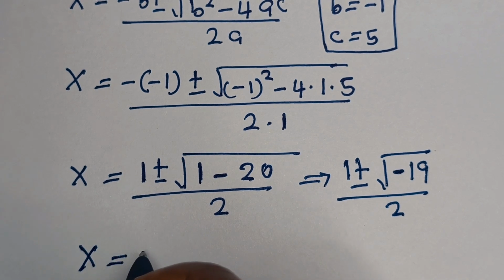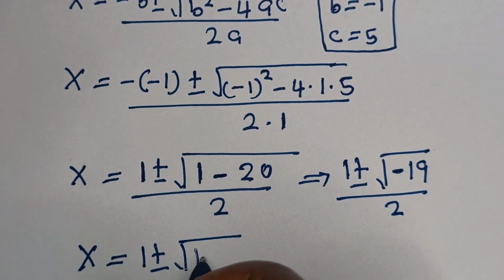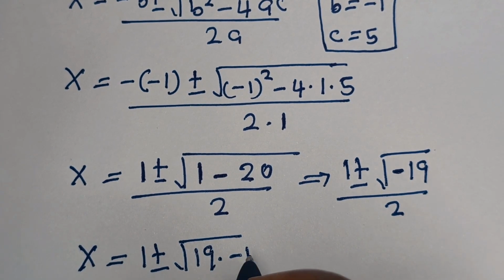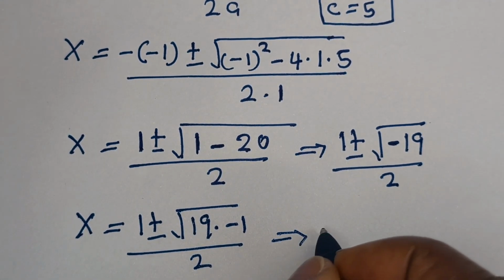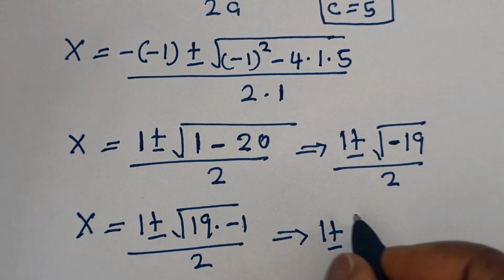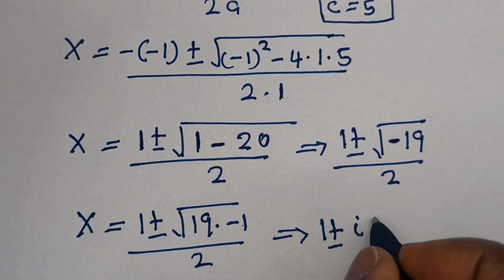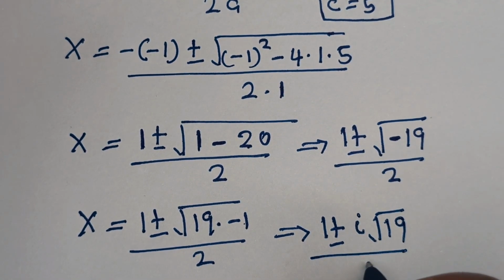s is equal to 1 plus or minus, this can be written as square root of 19 multiplied by negative 1, over 2. And this is the same thing as 1 plus or minus square root of negative 1, that is i, root 19 over 2.